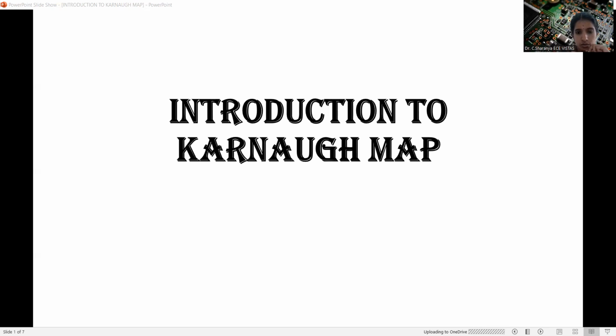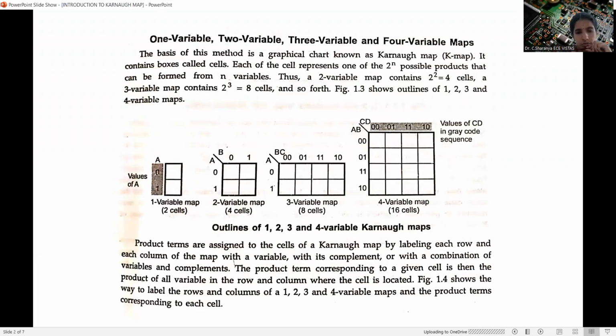So let us go through the different types of K-maps. Basically we have the one variable K-map, two variable K-map, three variable and four variable K-map. This is the type of cells available in a one variable K-map.